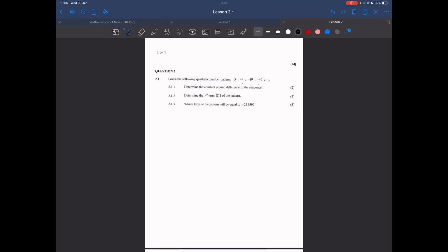So the first question is very easy. Determine the constant second difference of the sequence. Just 2 marks. So we do as we have seen it. I'm just writing the sequence down, and then for the first differences, we take term 2 and subtract term 1, which is -4 minus 5, and it will give us -9, and then -19 minus -4.